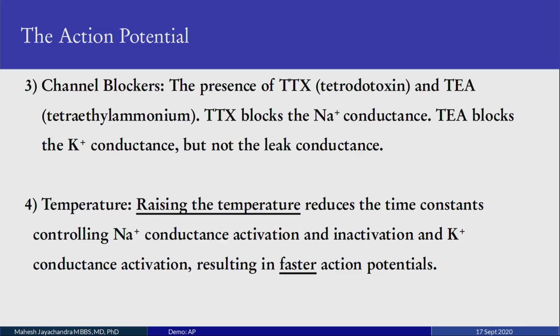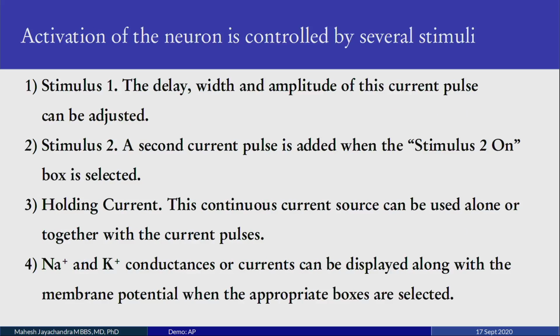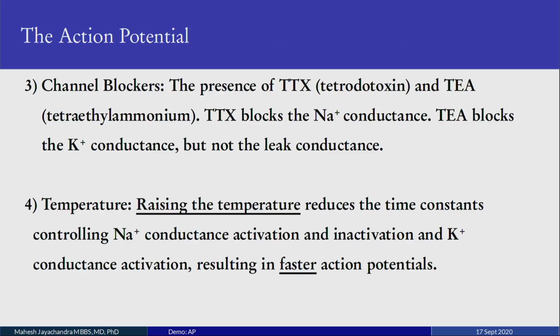This is important because in a condition like multiple sclerosis, you have conduction failure because the myelin, if you remember, the insulation layer of the axon, degrades because of an autoimmune pathology in the body.